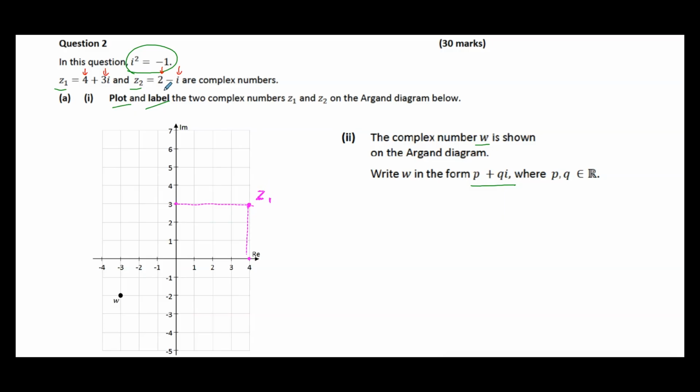And then the second one, again, real is 2, and imaginary is what? -1, isn't it? If there is no number beside the letter, then we have 1. So -1 here, and again, that's where the two lines will meet.